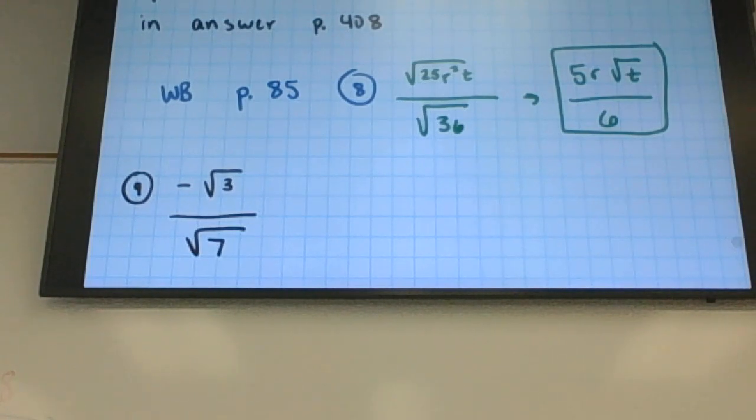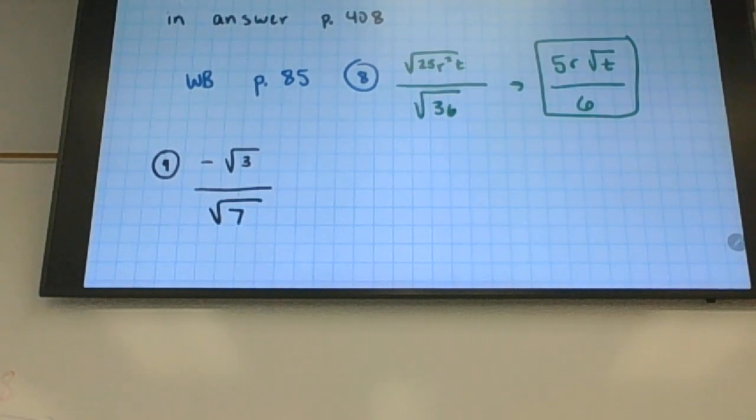Max, how do I get rid of this 7 down here? 7 doesn't square root. What number would? You multiply it by 7.